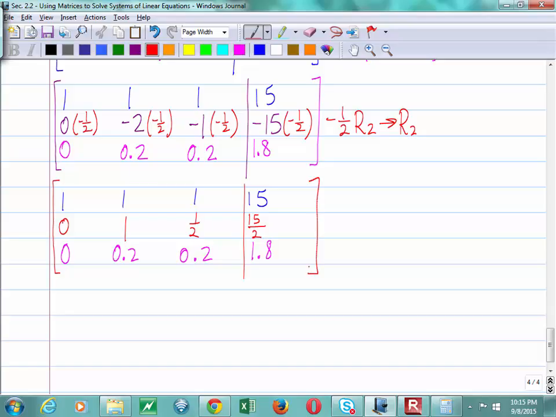Okay, so next I need to have a 0 in place of this 1 in the second column. To do that, I'm going to take the opposite of positive 1, which is negative 1, multiply that by the row that's supposed to have a 1 in it, which in this case is row 2, add that to the row that I'm trying to change, which is row 1, and that's going to become the new row 1.